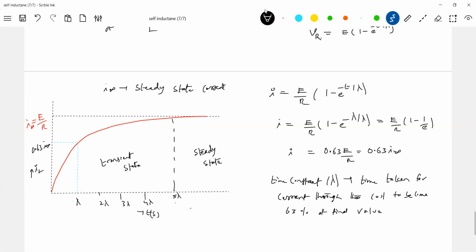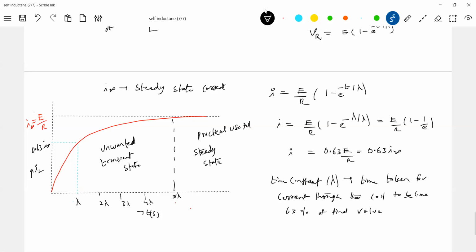So tell me, in which particular state will we be using the inductor? Practically, we'll be using it here. This is the unwanted transient state. Practically useful is the steady state. I am writing very directly on the graph itself.